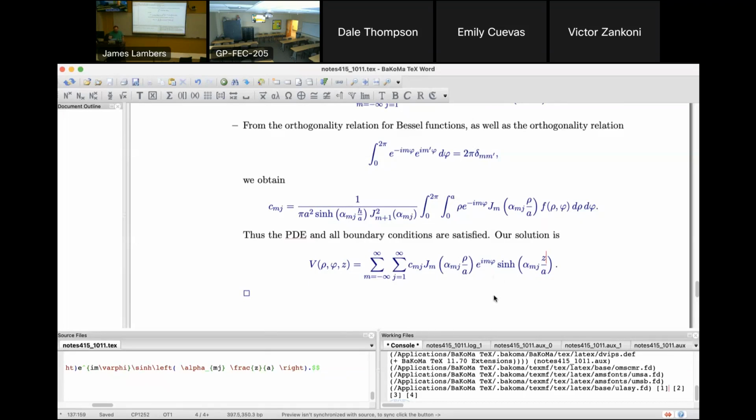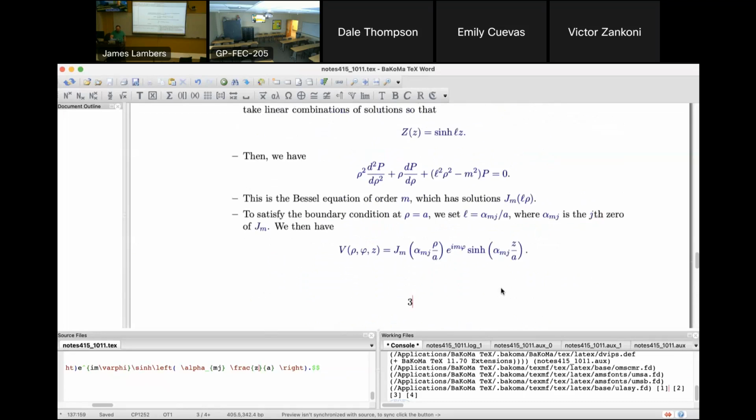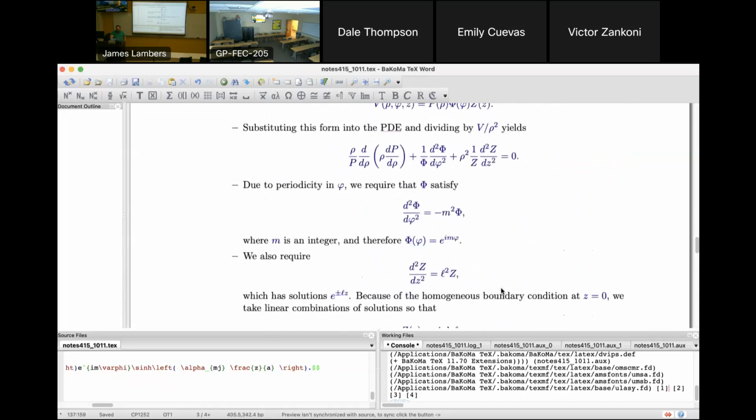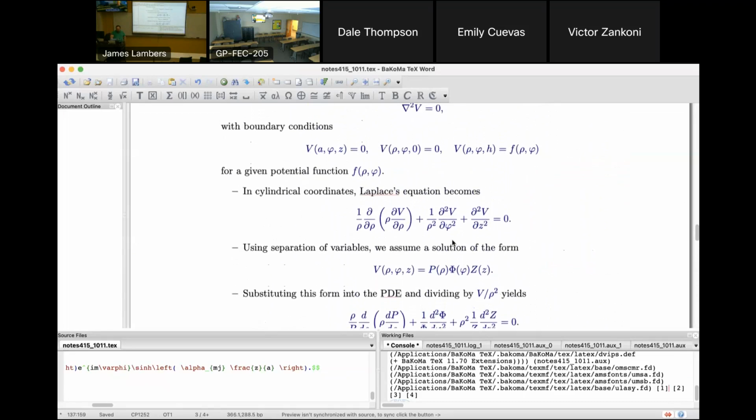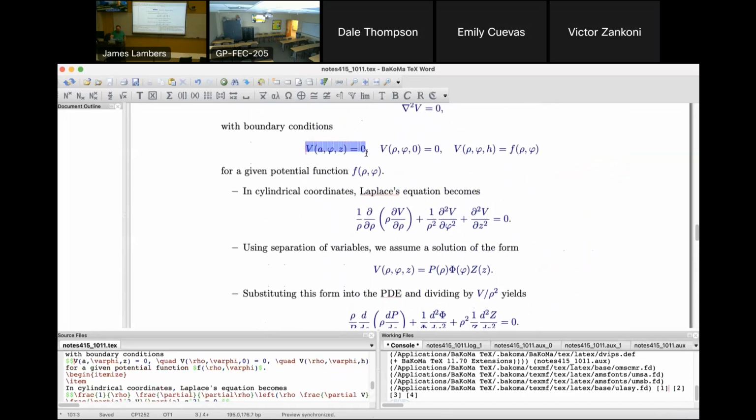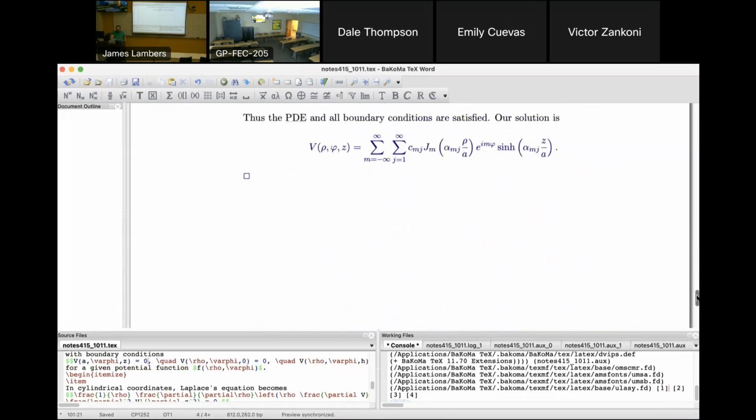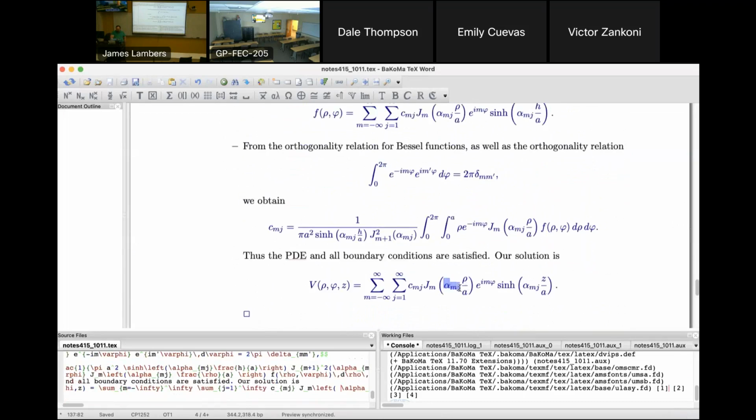There are certain variations with possible changes of boundary conditions. Like if this had been the partial derivative with respect to rho being equal to 0 at a, that's a Neumann boundary condition. Then I would have the zeros of Jm prime right here.